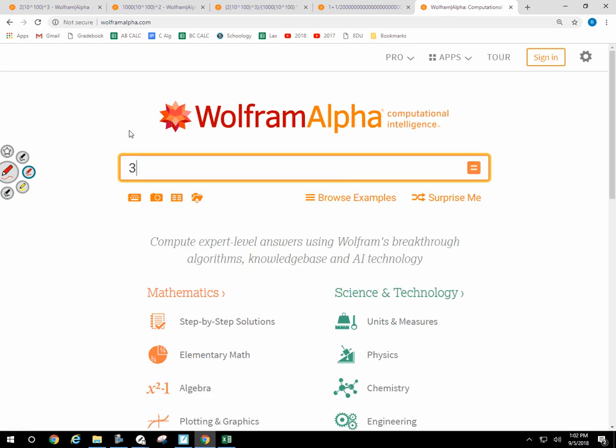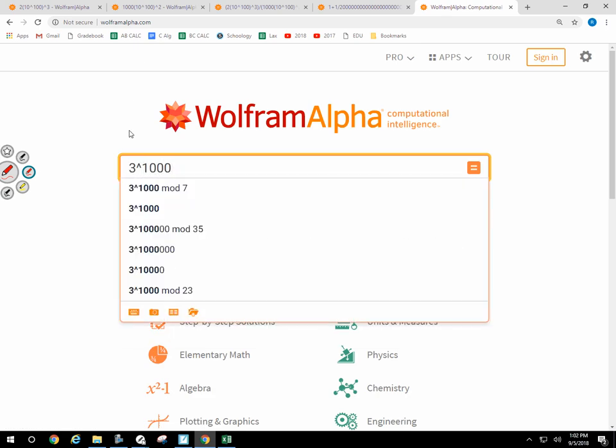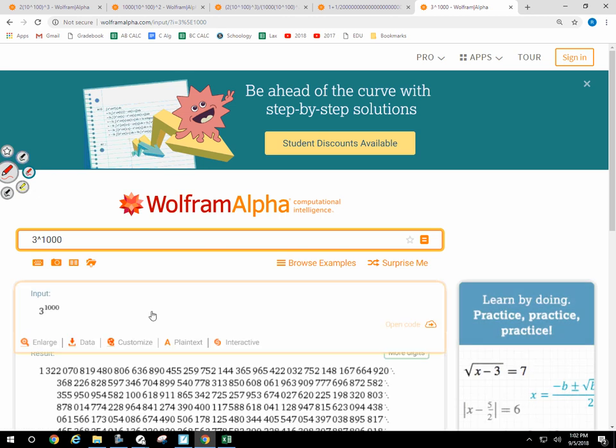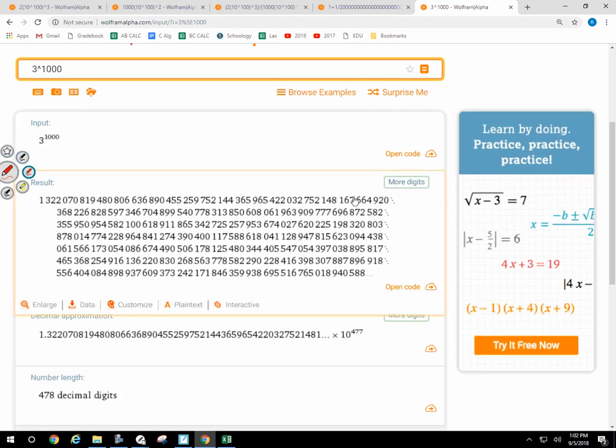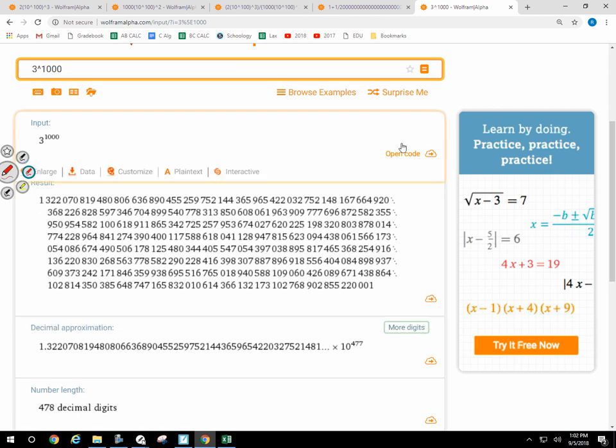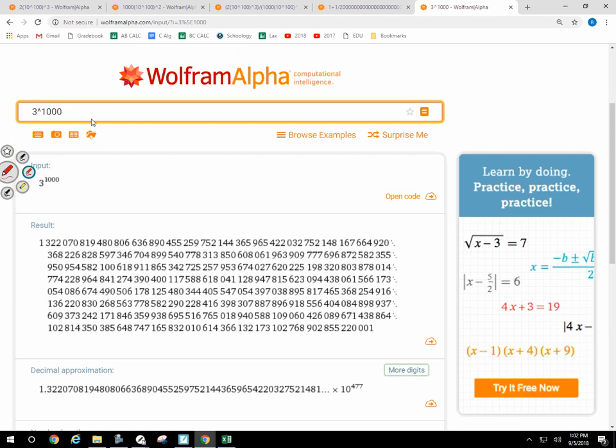Again, if I do 3 to the 1,000, yeah, that's a big number. 478 digits long. It's this number. That's 3 to the 1,000. That's definitely bigger than 3 cubed.